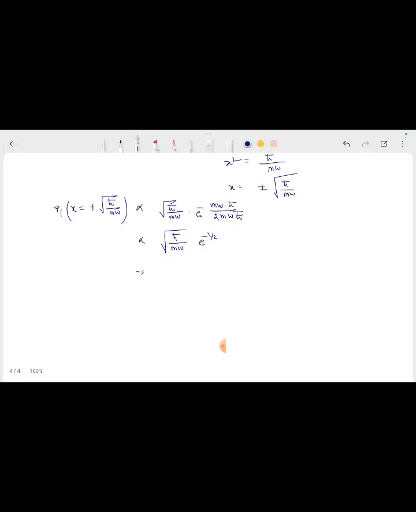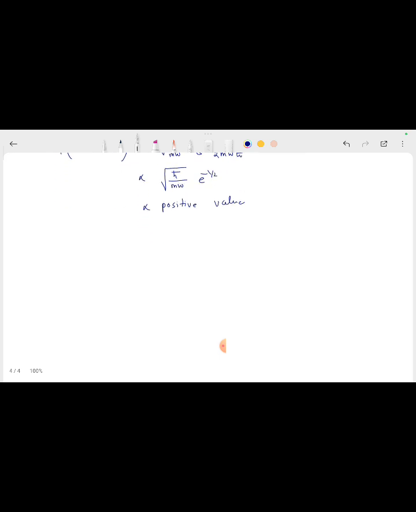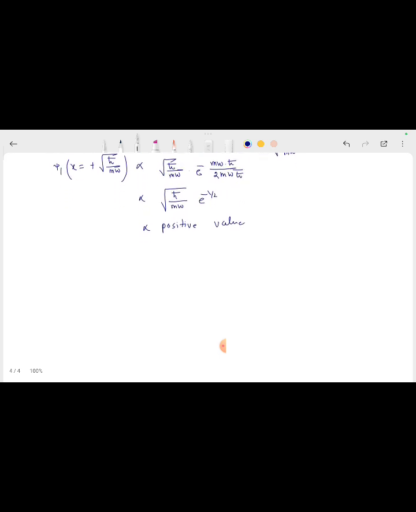So it's a positive value. Similarly, for psi 1 at x equals minus root under h cut upon m omega, we get a negative value. It's obvious because it is proportional to x.